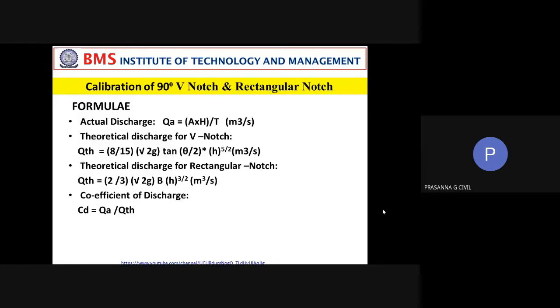For the V notch, it is 8/15 √(2g) tan(θ/2) h^(5/2). For the rectangular notch, it is 2/3 √(2g) b h^(3/2), where b is the breadth of the notch. The coefficient of discharge is calculated as CD = Q actual / Q theoretical.